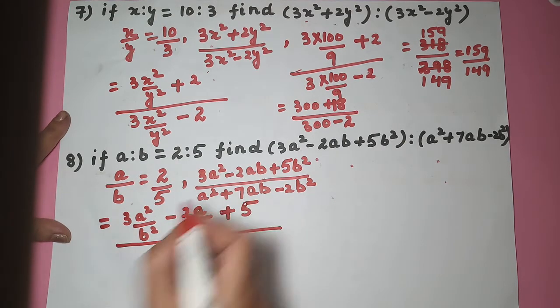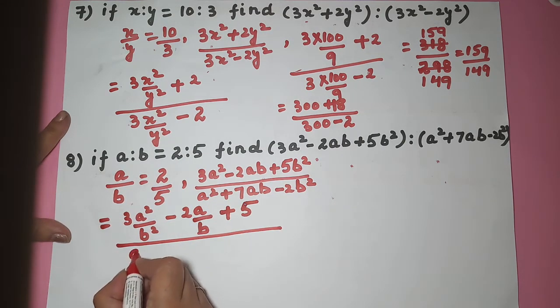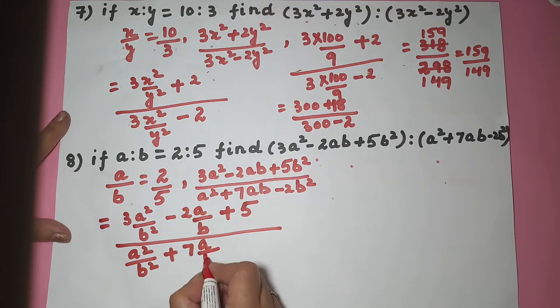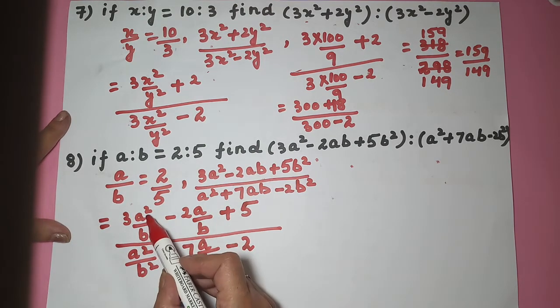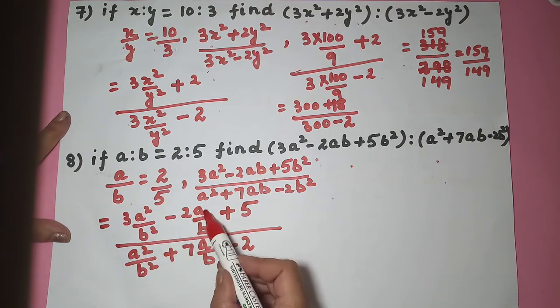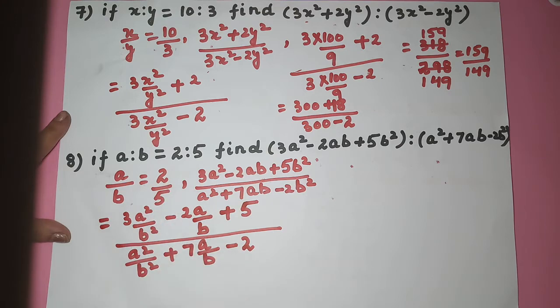Same thing applies in the denominator. You are going to get a square upon b square plus 7a by b minus 2. Right? So wherever we have a square by b square, we'll square this and substitute that value. Wherever we have a by b, we'll put the direct value.